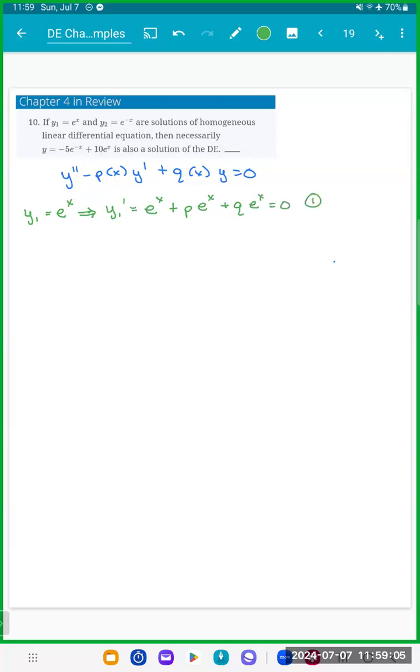Let's let that be our equation number 1. For equation number 2, let's look at our y2. y2 is e to the negative x. So we get e to the negative x plus p e to the negative x plus q e to the negative x equal to 0.